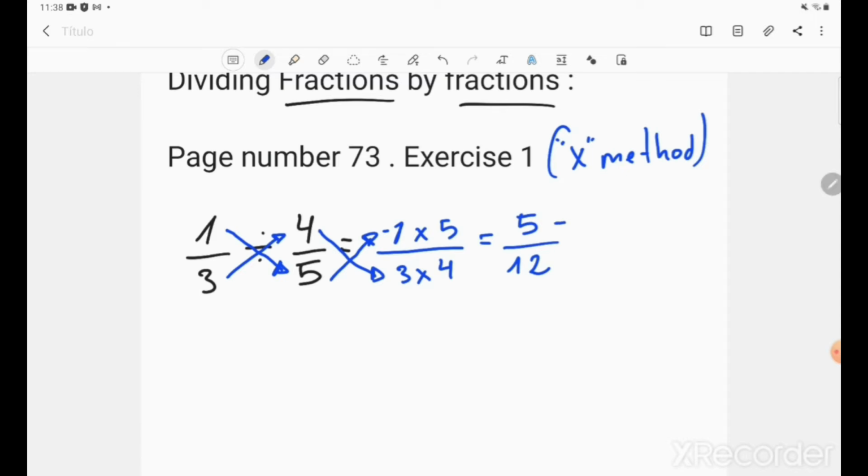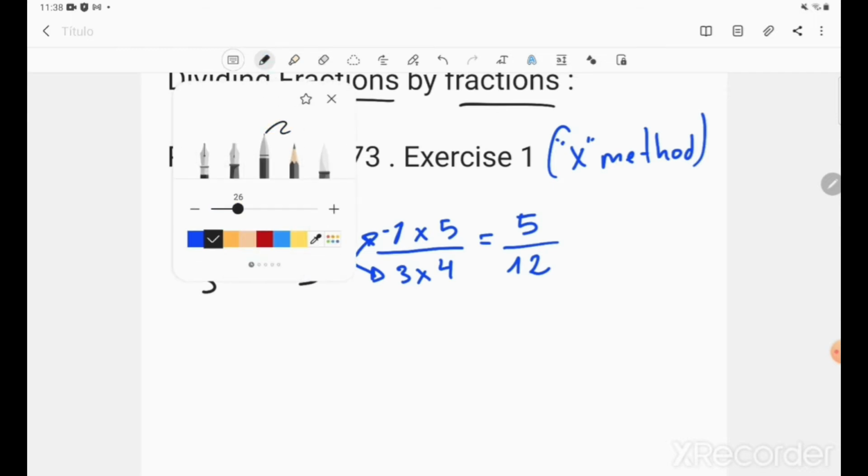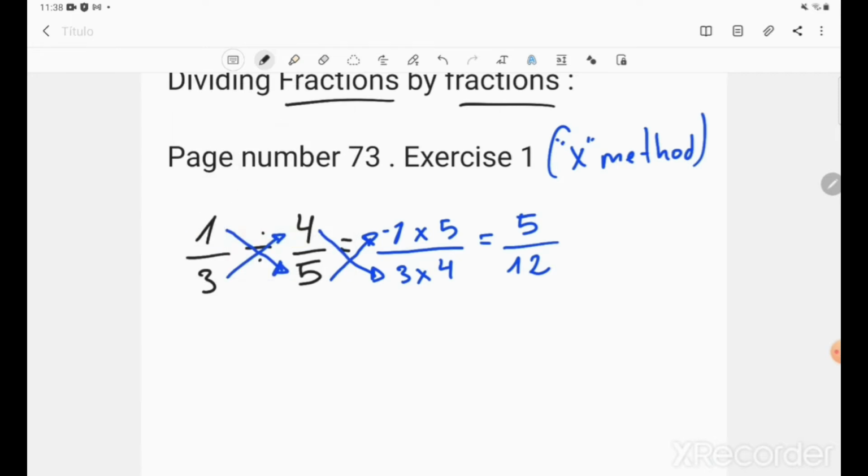We can try to divide these two numbers by the same number to get an easier or simpler fraction, but this is not the case. In this case 5 and 12 are not divisible by any number, so the final answer is just this, 5/12. Okay, so this is the X method.